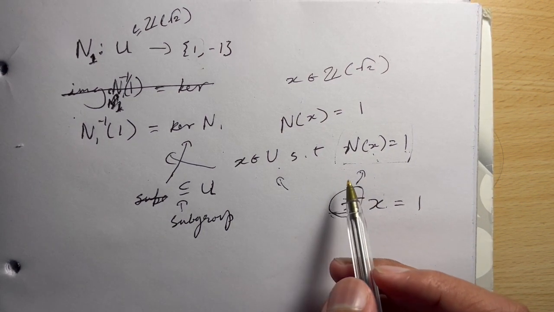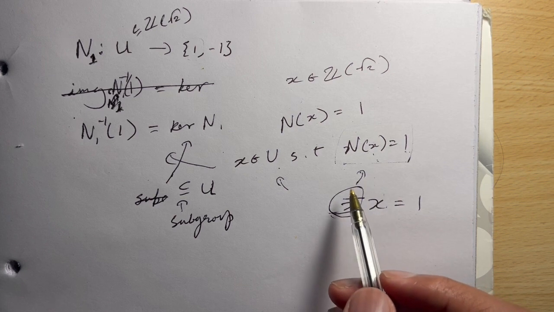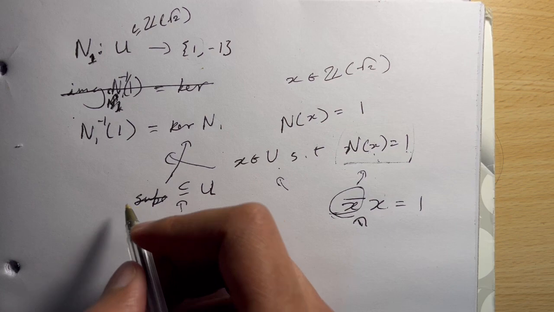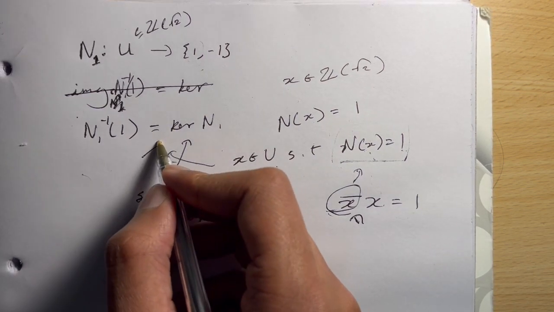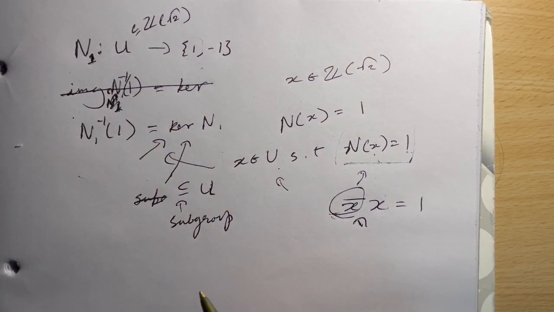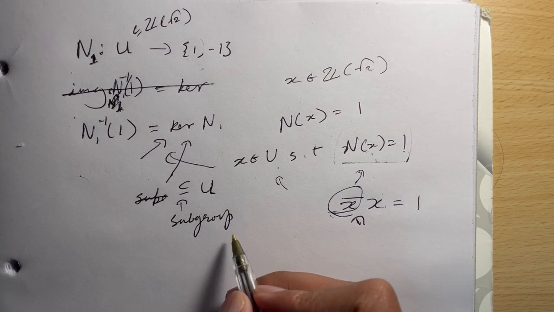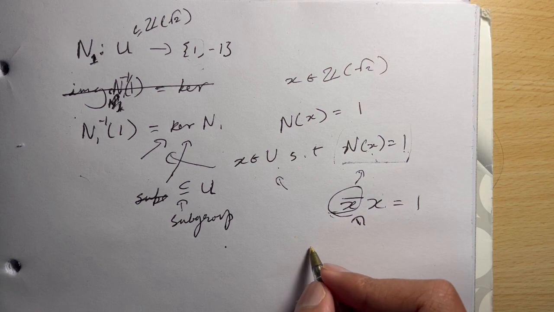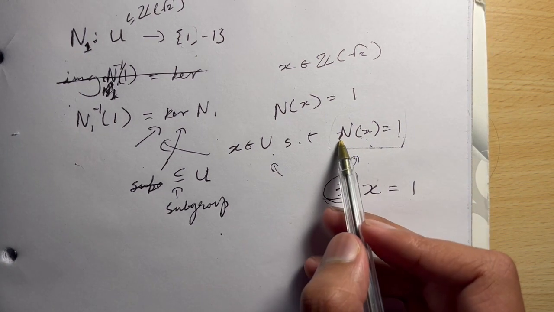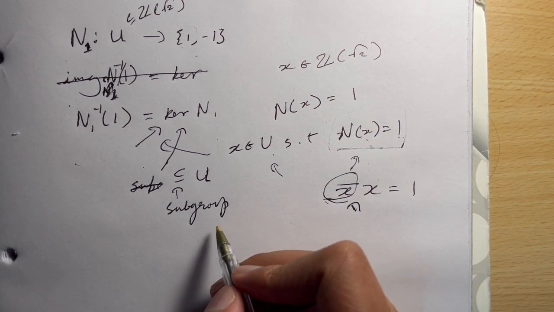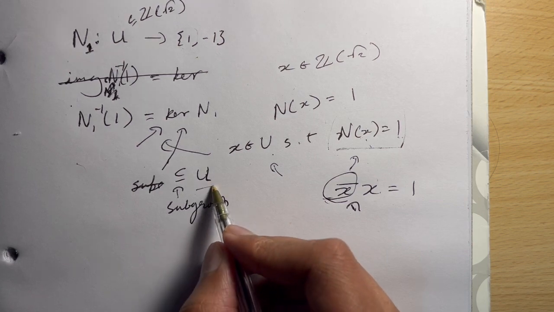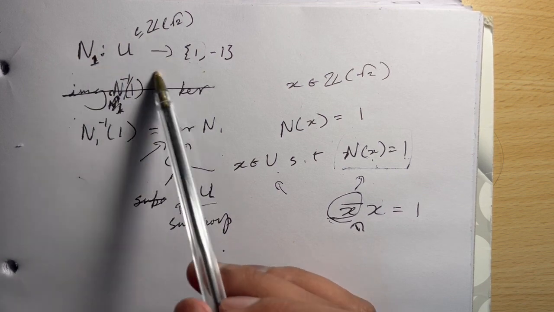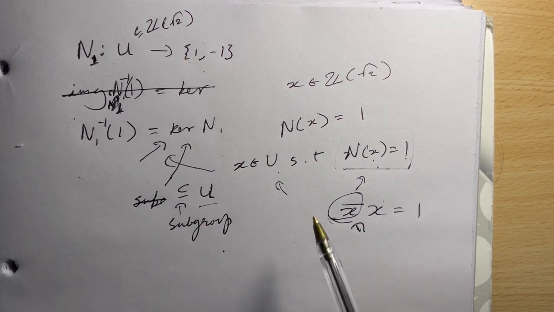So all solutions of this equation are in the kernel of this homomorphism, and that means the solutions of N of x equals 1 form a subgroup of U, and we've just specified exactly which subgroup and how to construct it.